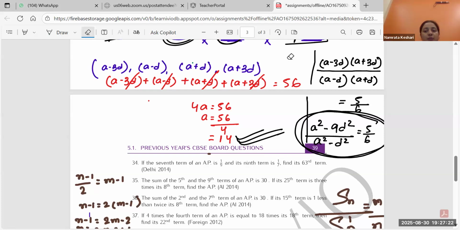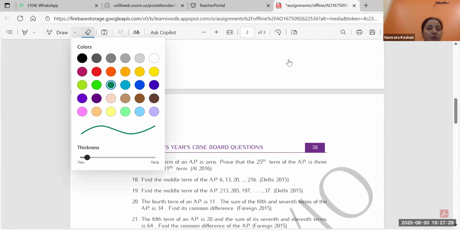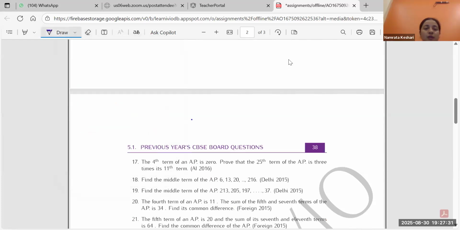Okay, so this way we will be finding these 4 terms of this AP. Now let me wrap it up. If the question is talking about 3 terms in AP, and the sum of the terms is this, product of the terms is this, then you need to take the consideration like this: a plus d, a plus 2d, a plus 3d, and before that a minus d, a minus 2d, a minus 3d.